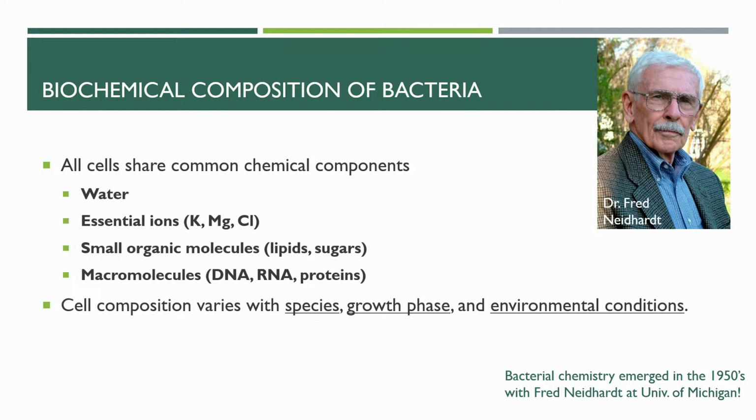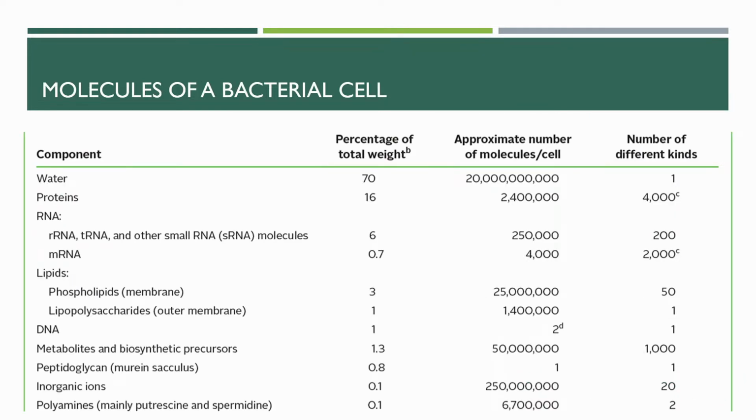Fun fact, Dr. Fred Neidhart basically started this bacterial chemistry field at U of M. And so you don't need to remember any of these numbers for any exam, but from Dr. Neidhart's work and others, the molecules of a bacterial cell basically are broken up like this, where you have about 70% water, 16% protein, 6% RNA, and a small percentage of lipids.